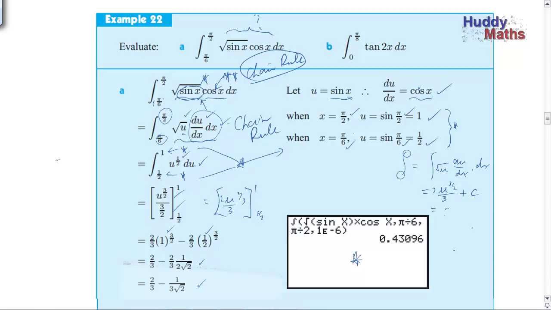Then put your u back in, sine x to the 3 over 2 over 3, plus c, and then go back and put the integral from pi on 6 to pi on 2 of root sine x cos x dx equals the integral from pi on 6 to pi on 2 of your function in x land.